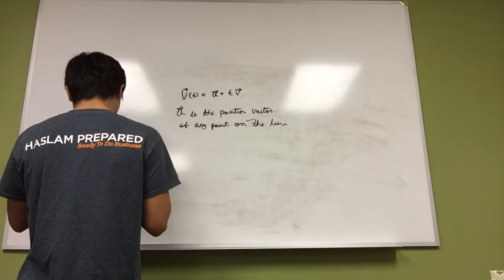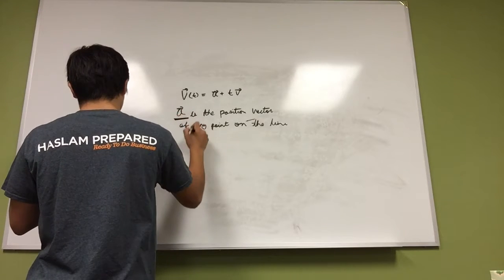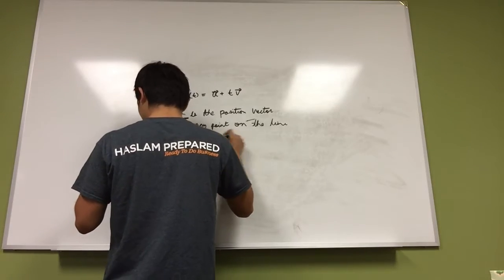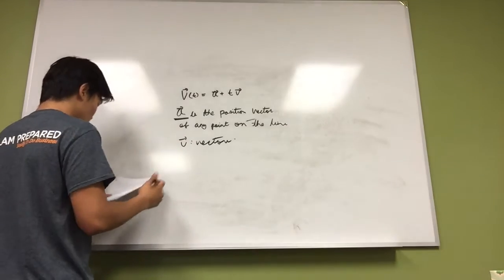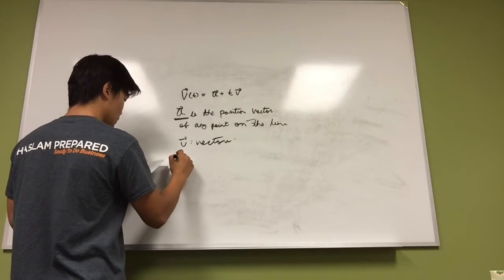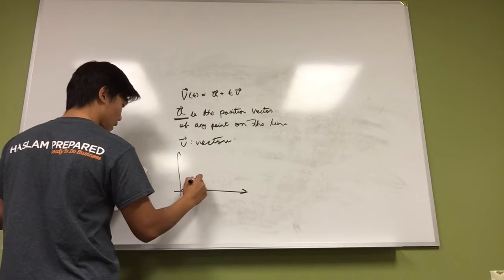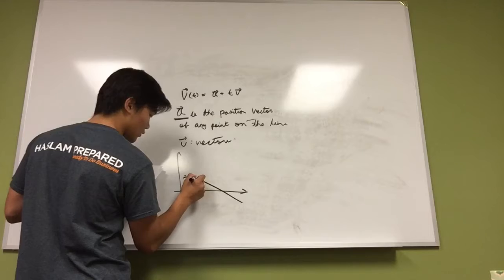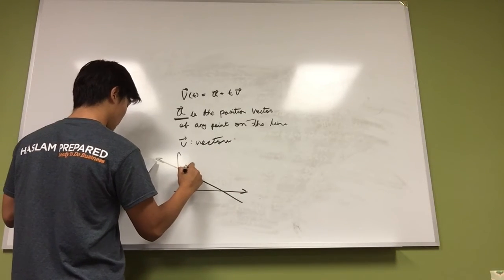So A is basically the position and B is the direction vector. When we have a coordinate like that, we go to A, and from there we draw our vector. It's just going to be like A.